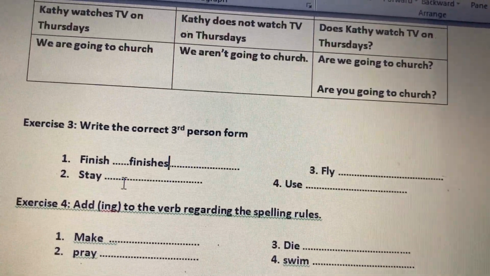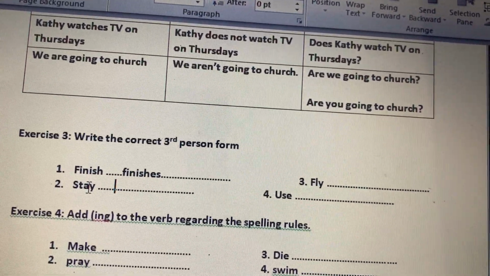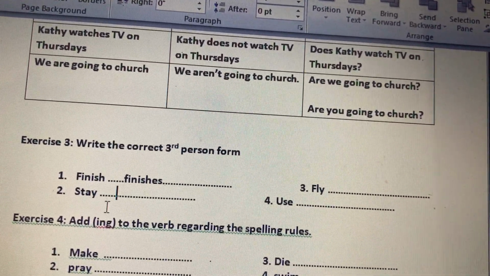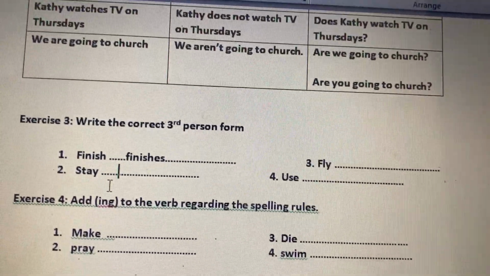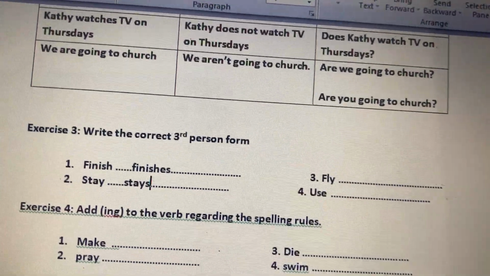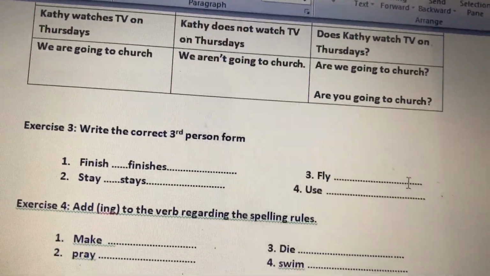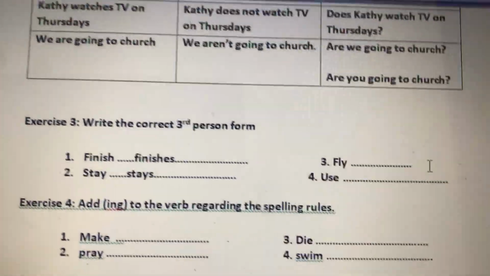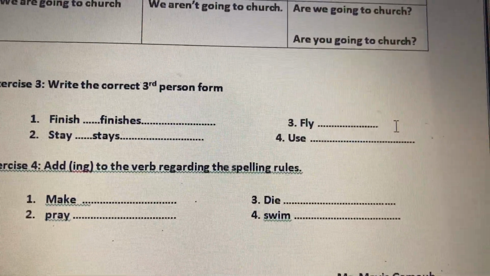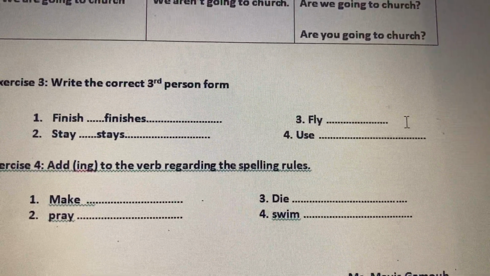Stay. Here we have the Y and we have a vowel that precedes it. So it will stay as is and we just add the S. Fly. In here the last letter is Y and the letter which is before it is L, which is a consonant.